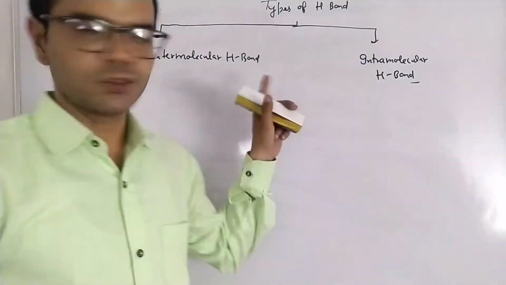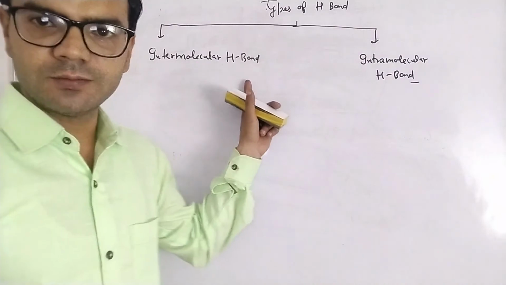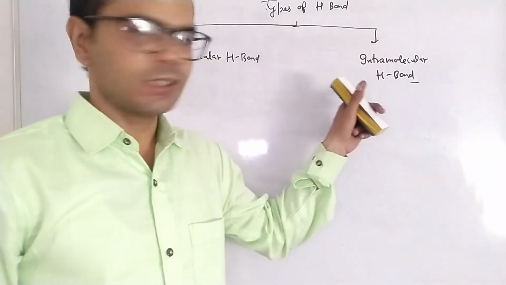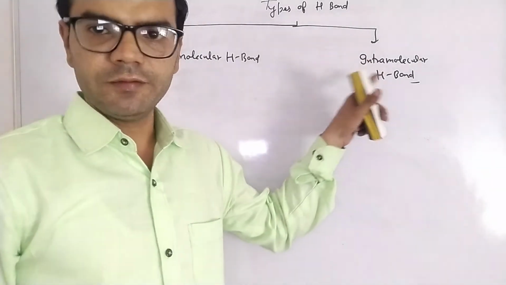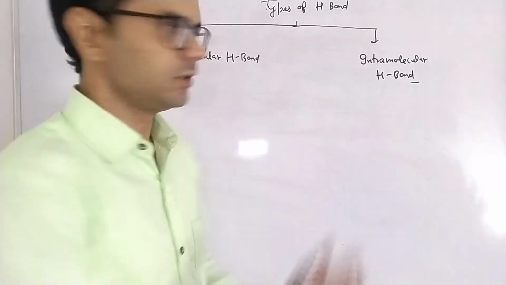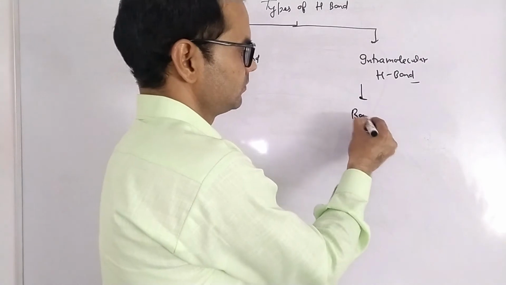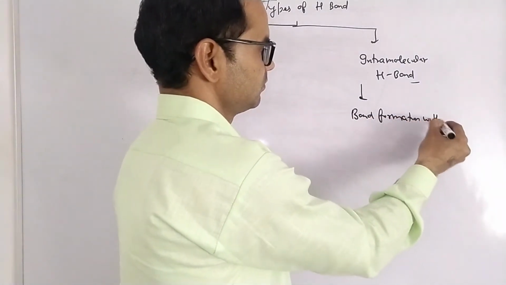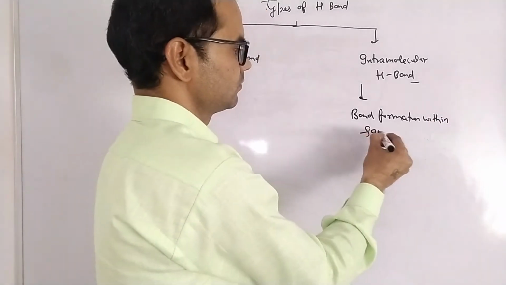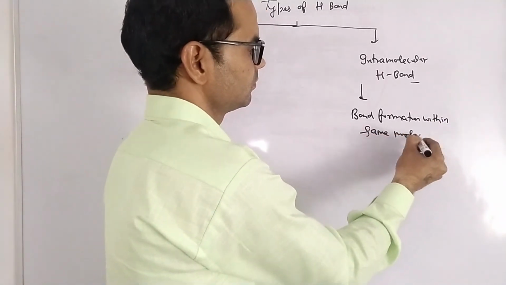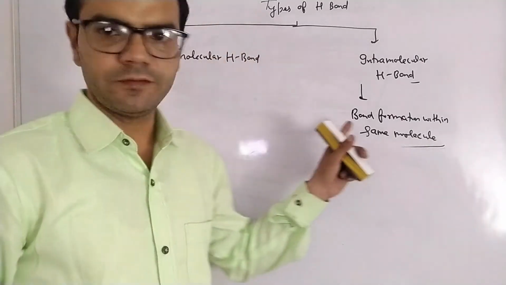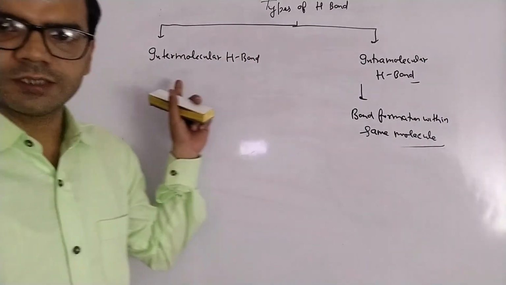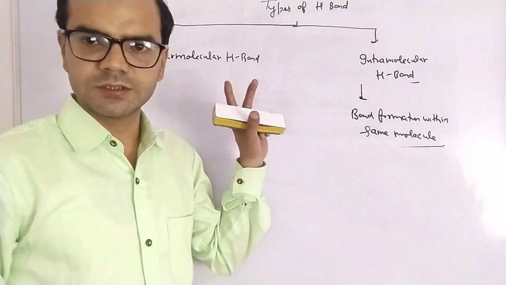Hydrogen bonds are of two types: intermolecular hydrogen bond and intramolecular hydrogen bond. Intramolecular hydrogen bond means the bond formation within the same molecule, but intermolecular hydrogen bond is formed between two molecules.